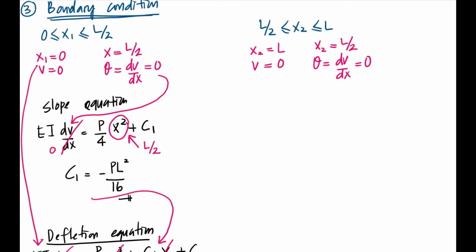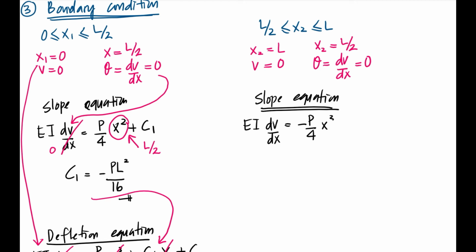So for M2, the slope equation is EI dv over dx is equal to negative P over 4 x squared plus PL over 2 x plus C3.